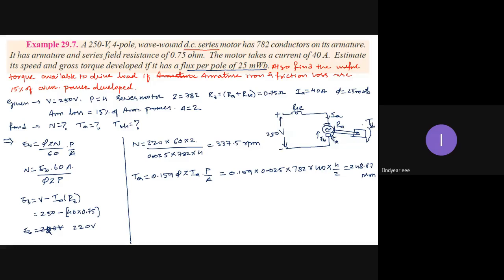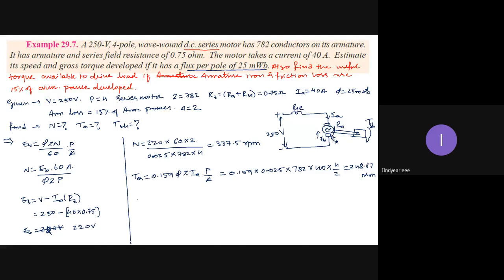Load T, that is load TSH. So out of total torque developed, there are 15% armature losses of power developed. I can take power developed or I can take torque developed. Both are same because equations are same. PA equals 2 pi n TSH by TA by 60.